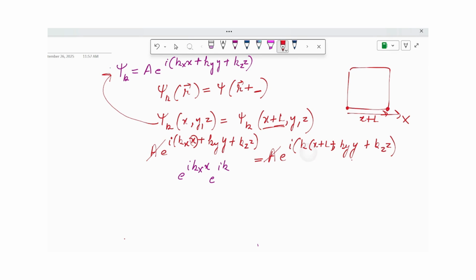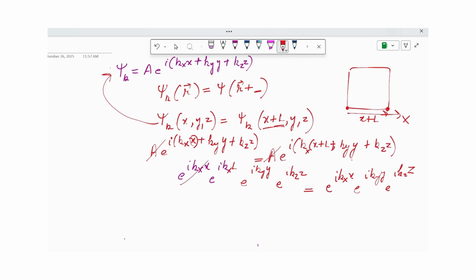I forgot to write x here. There is also x and kx L, plus we will be having exponential of iota ky y and iota kz z, and on the right hand side we will be having exponential of iota kx x, iota ky y and iota kz z.